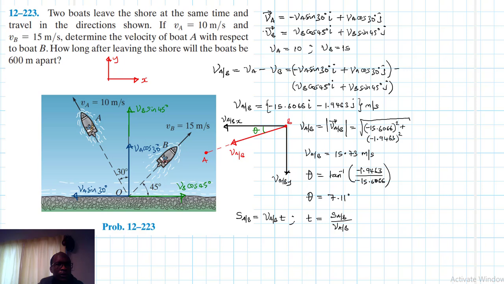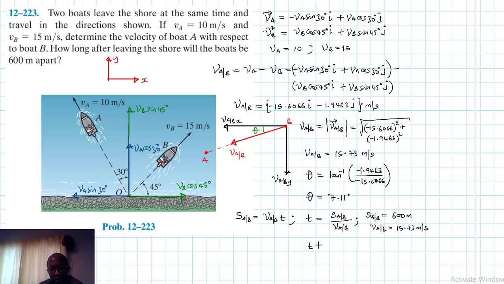So where SA with respect to B, which is the distance, is 600 meters, and VA with respect to B we calculated at 15.73 meters per second.